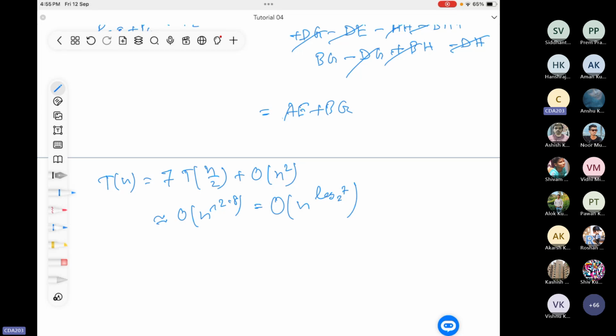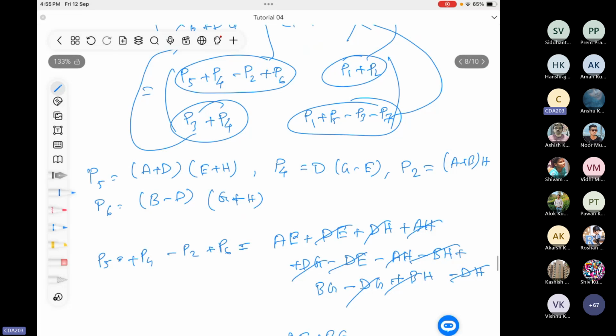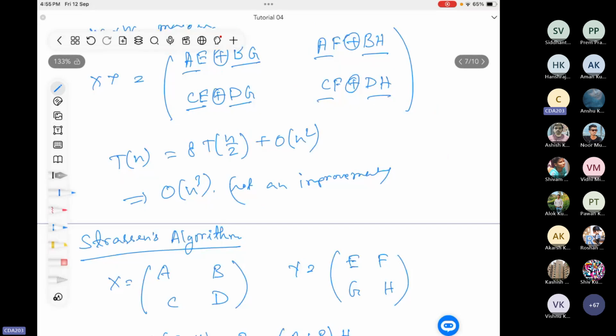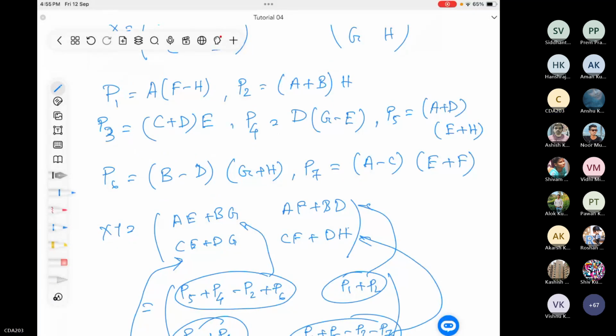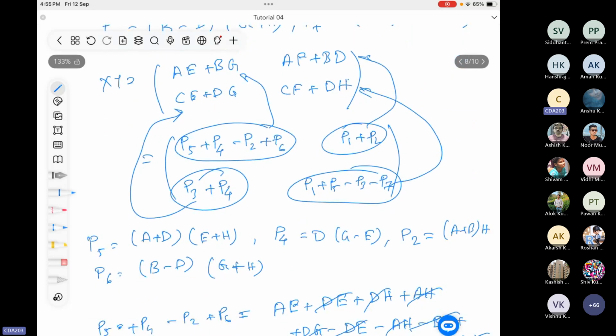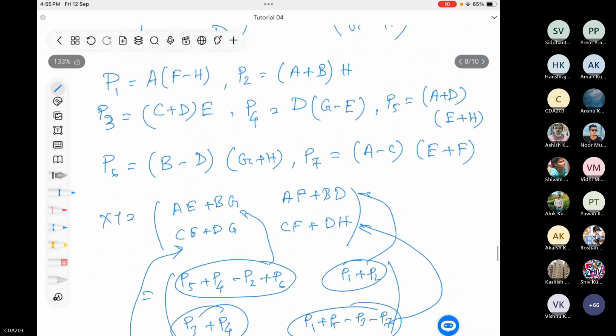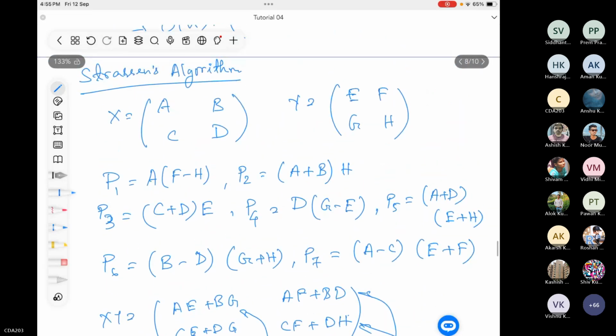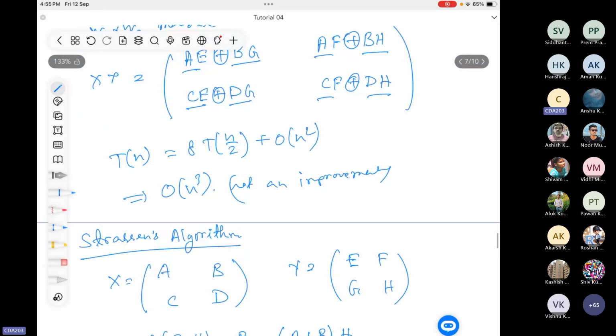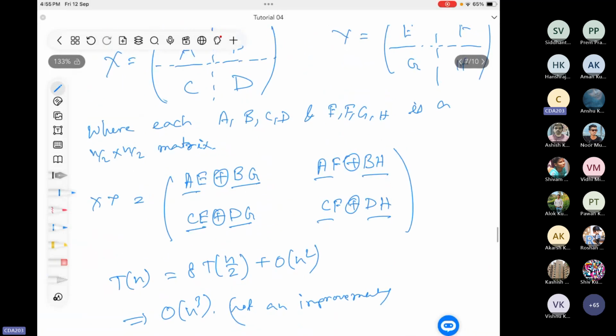The first divide and conquer algorithm has running time T(n) equal to 8T(n/2) plus order n square. Strassen actually gave this strange set of 7 matrices, so that if you obtain these multiplications, then you can obtain the whole multiplication of X and Y. So the first algorithm is order n cube, and that also requires some additional space, as does Strassen.